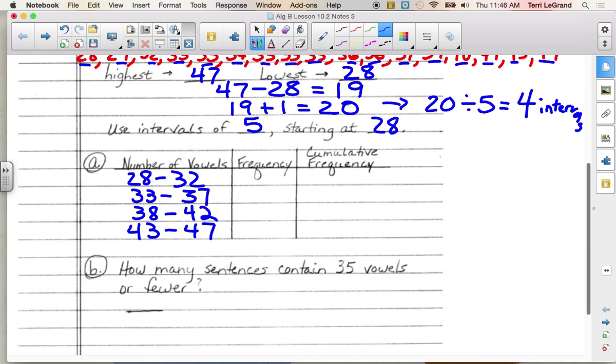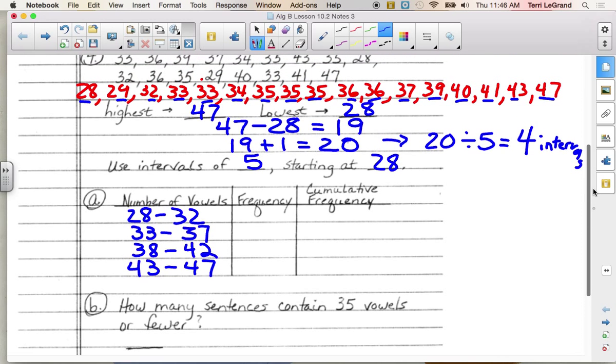Let's do our frequency column next. Remember, how do we do our frequency? You count how many are in that interval. It goes from 28 through 32, so we have 3 of them. For 33 through 37, we pick all the values that fall in that interval, and there are 9 of them.